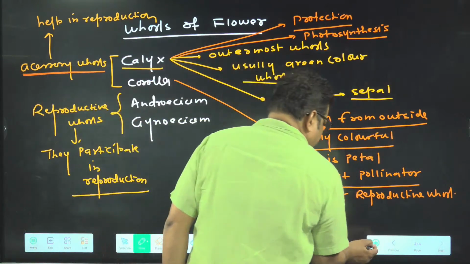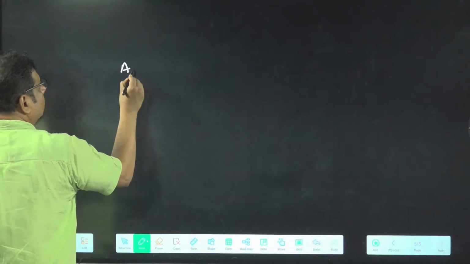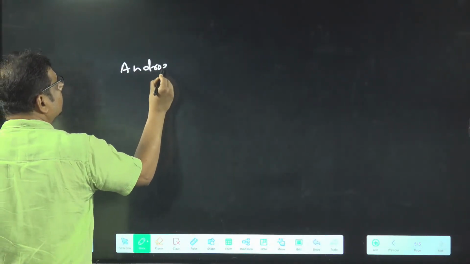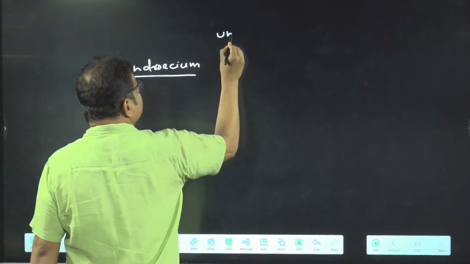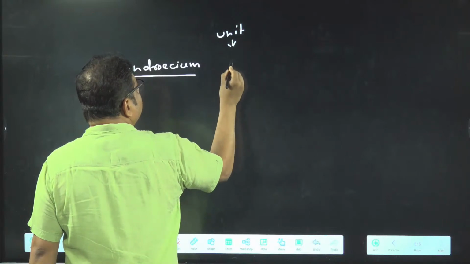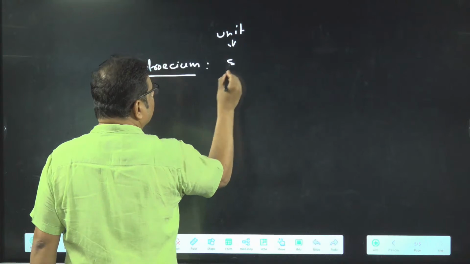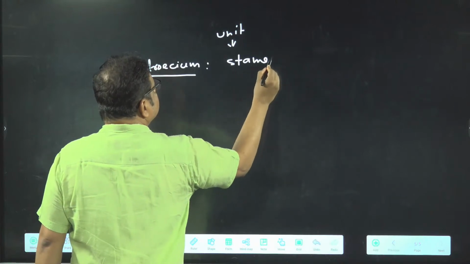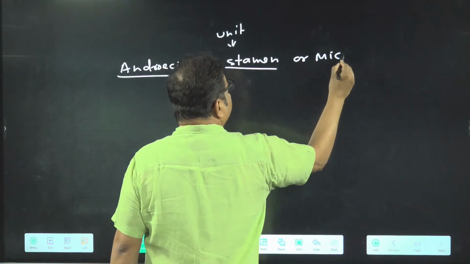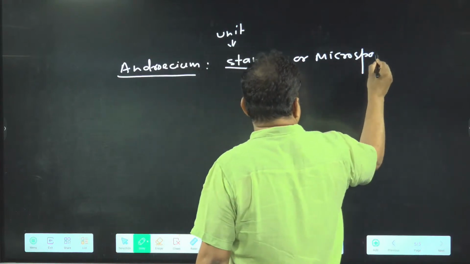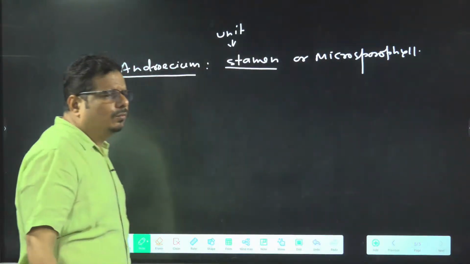Done. Now we are moving ahead. Now I am telling you about the third, which is androecium. If you talk about androecium, its unit is the stamen, or it is also called microsporophyll.